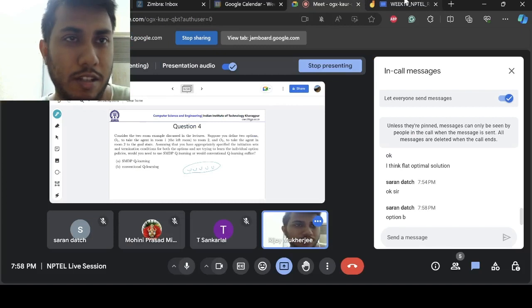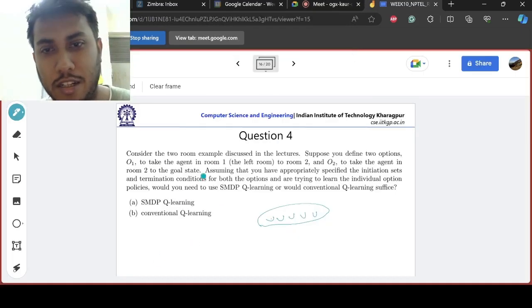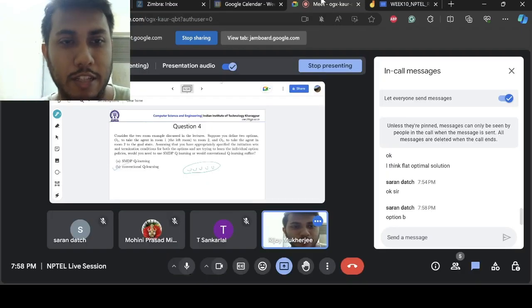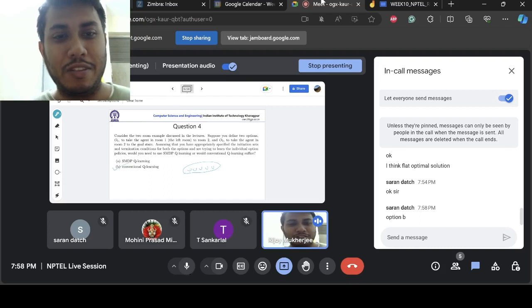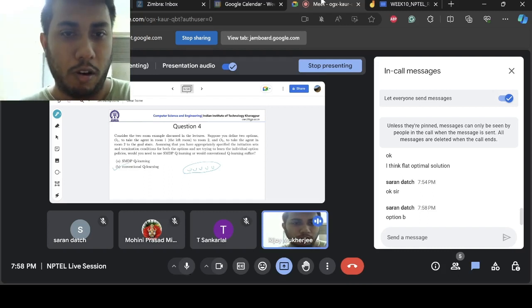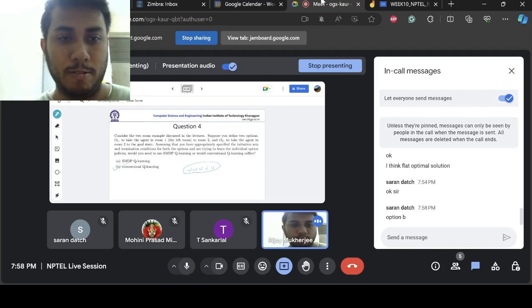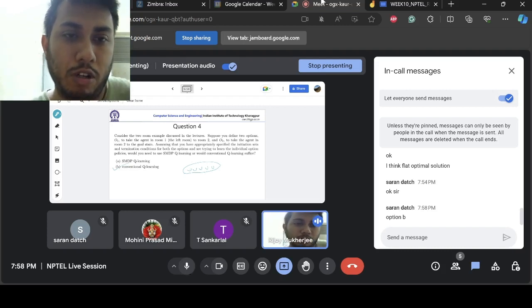Yeah, correct. Inside the option, you can use conventional Q learning. You don't need SMDP Q learning, because you are considering it as a subspace. You are trying to find the policy inside it. SMDP Q learning you will require when you are making the jump from one option to another. That time you are going to require it.